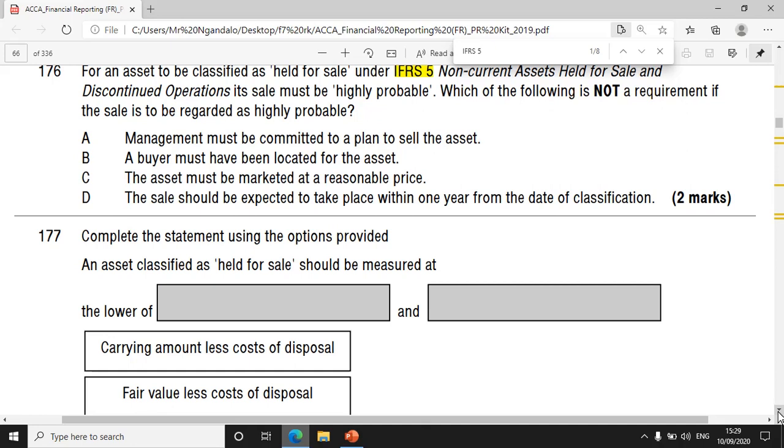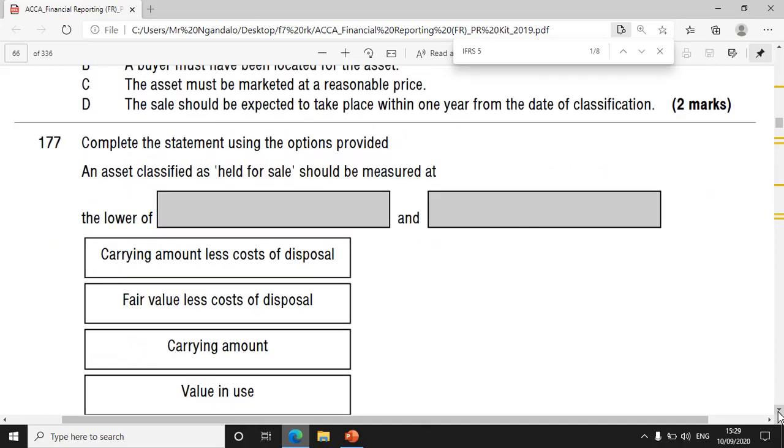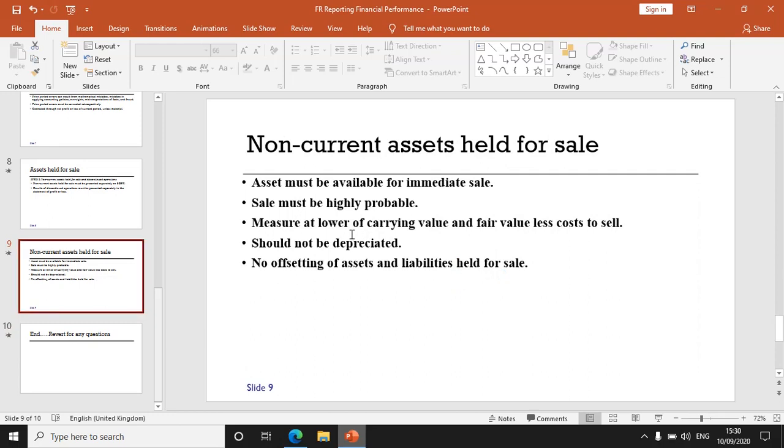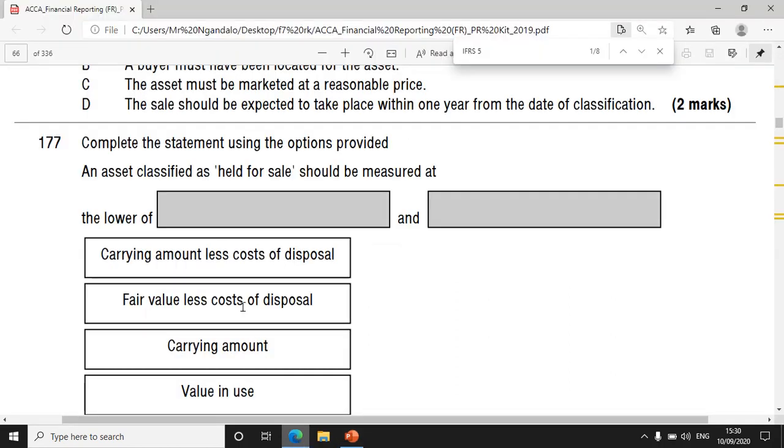I want us to progress to 177, which says complete the statement using the options provided. An asset classified as held for sale should be measured at the lower of. I think that was made clear in our notes. If you go back, measure at the lower of carrying value and fair value less cost to sell. That does not take too much time.